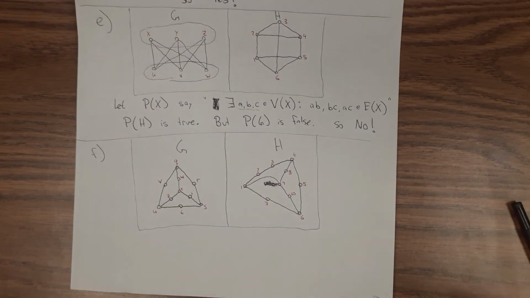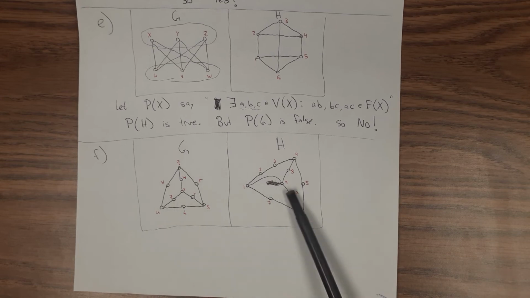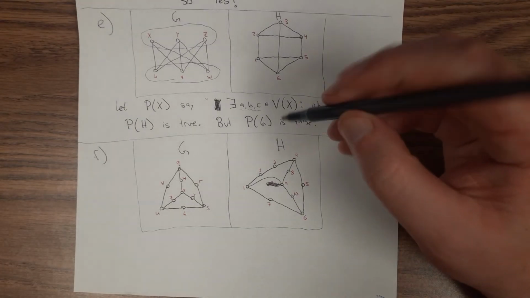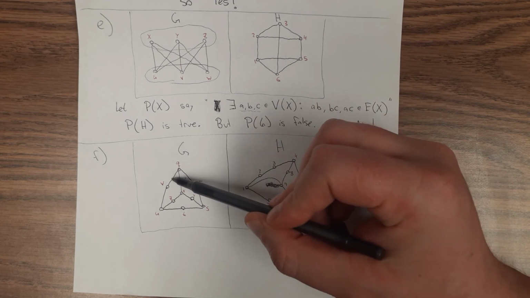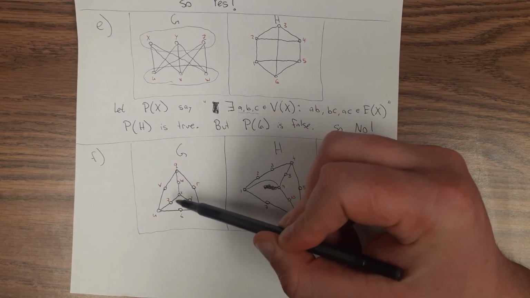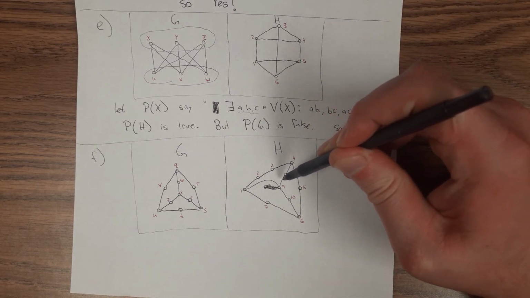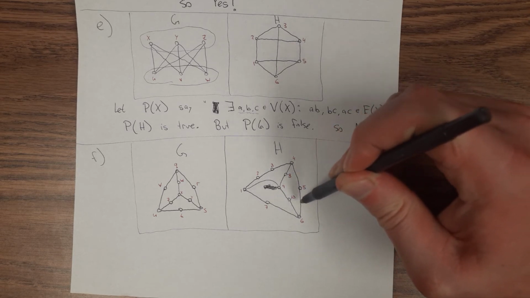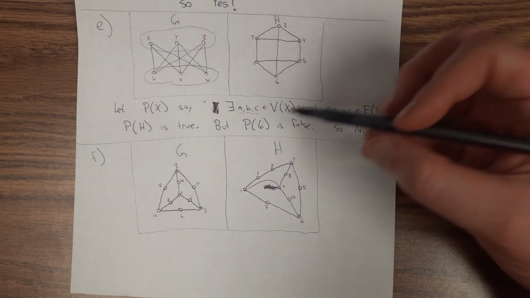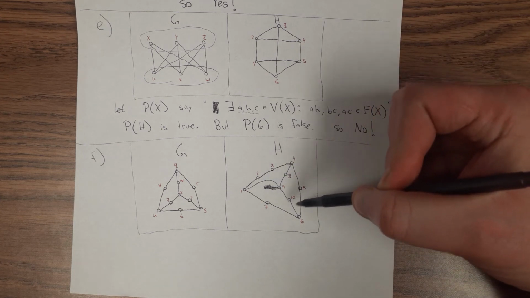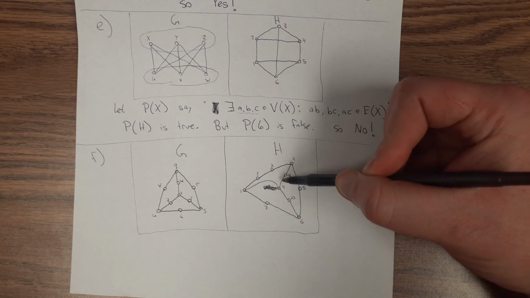Now let me do the last one, and I'll do it kind of fast. This is definitely the hardest one. So I guess you can check the easy things. They both have 10 vertices. They also have the same number of edges: 1, 2, 3, 4, 5, 6, 7, 8, 9, 10, 11, 12.